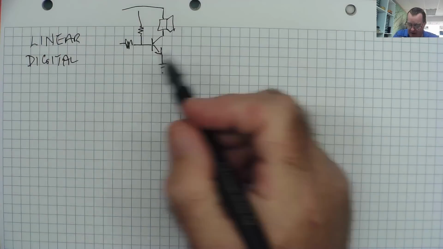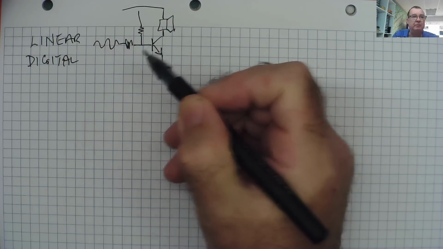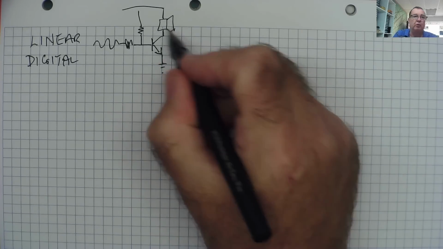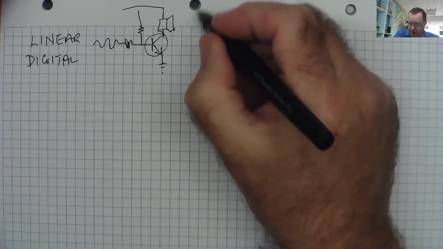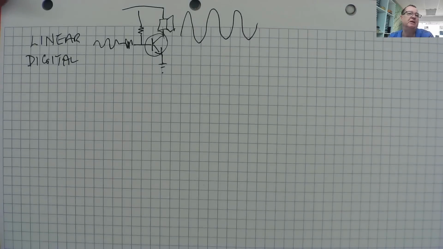So this is basically a waveform which varies in voltage over time, and coming out of it, driving our speaker, we have an amplified version of that waveform, so it's bigger. That's a typical linear circuit.